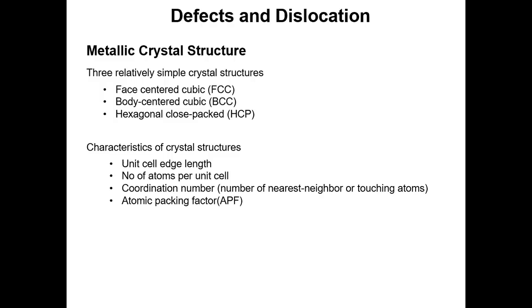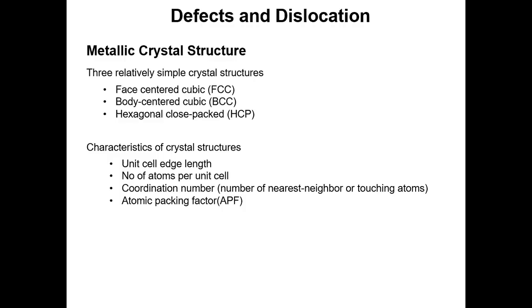The second one is the number of atoms per unit cell. The third one is the coordination number.